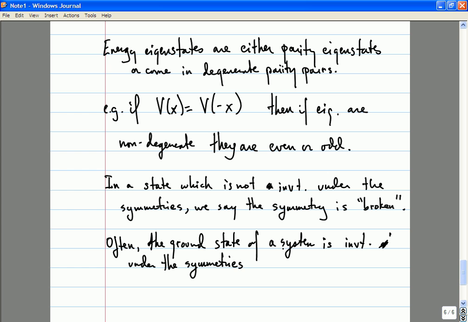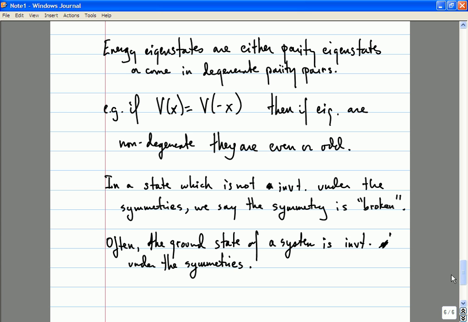For example, in the harmonic oscillator, the ground state was symmetric rather than antisymmetric. It turns out that for parity, as you're going to prove, I believe, on a problem set, for generic potentials which are symmetric under x goes to minus x, the ground state is always going to be even.